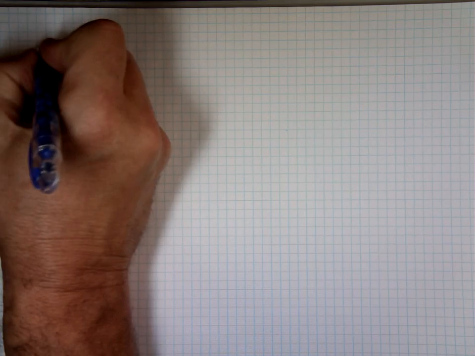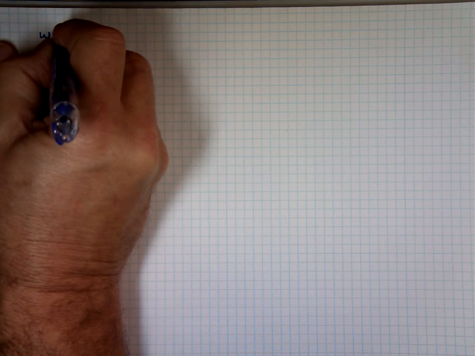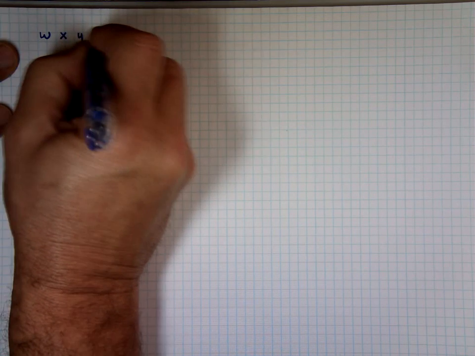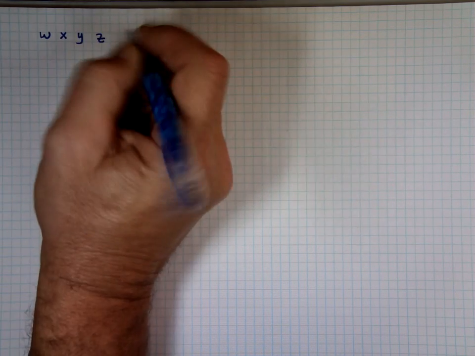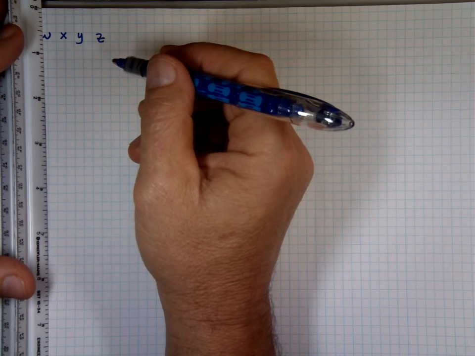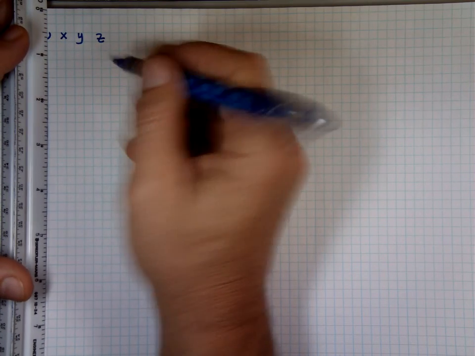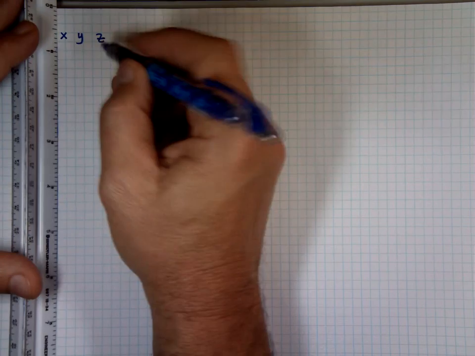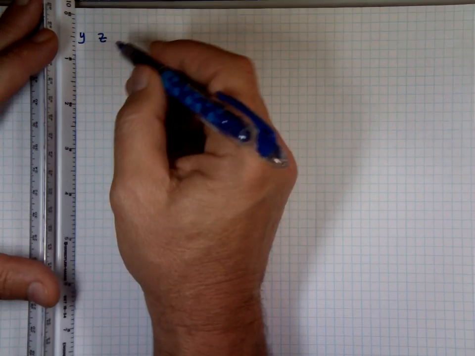So I have W, X, Y, and Z. I won't draw all the lines going through it, but I'll just give you an idea what they wanted to draw now. Because if I do that, my paper has to go twice the size of that, maybe.